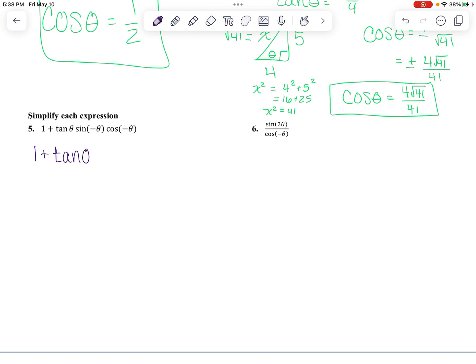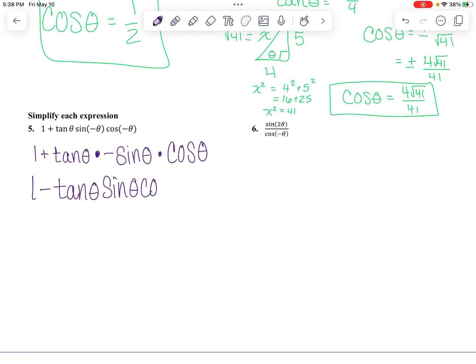So 1 plus tangent of theta times sine pulled the negative out. So negative sine of theta times cosine just becomes positive. So to rearrange this a little bit, I'm going to multiply, and when doing that, I'm going to pull that negative out, because I don't want the negative in where it was.